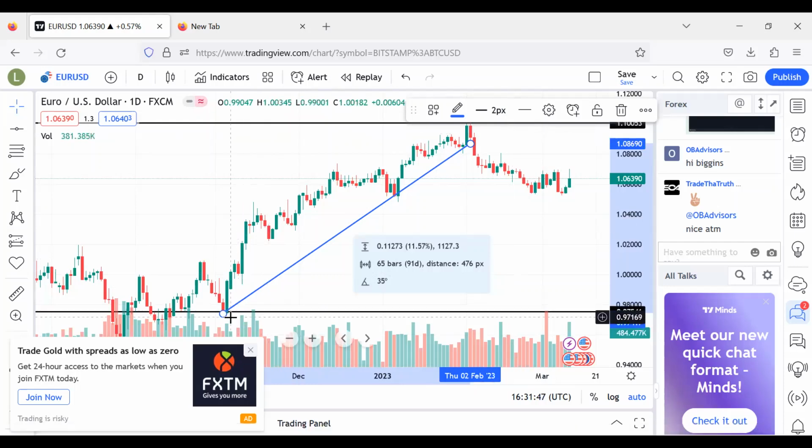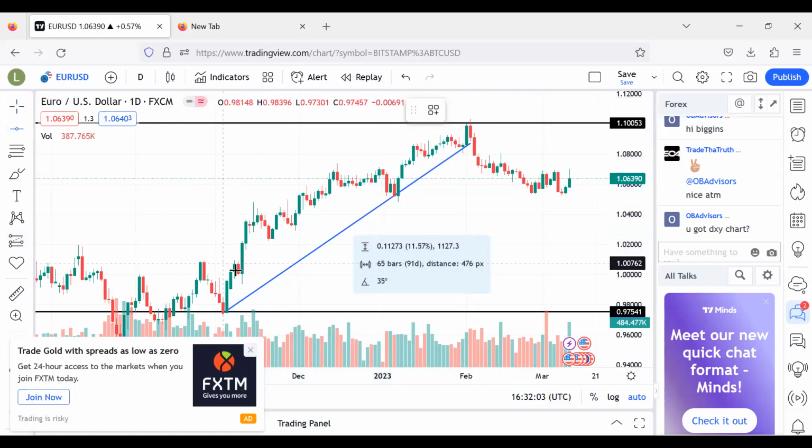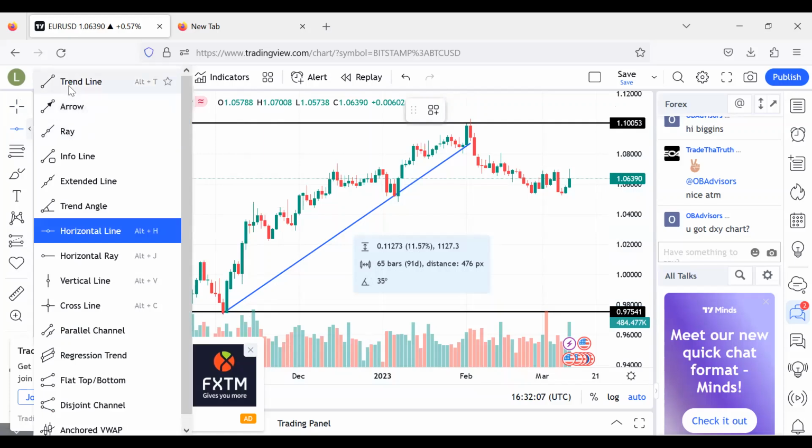What happens in an uptrend market is that you have a lot of buyers. The market is buying. You have a lot of green candles. Because the market is buying, the prices are increasing.